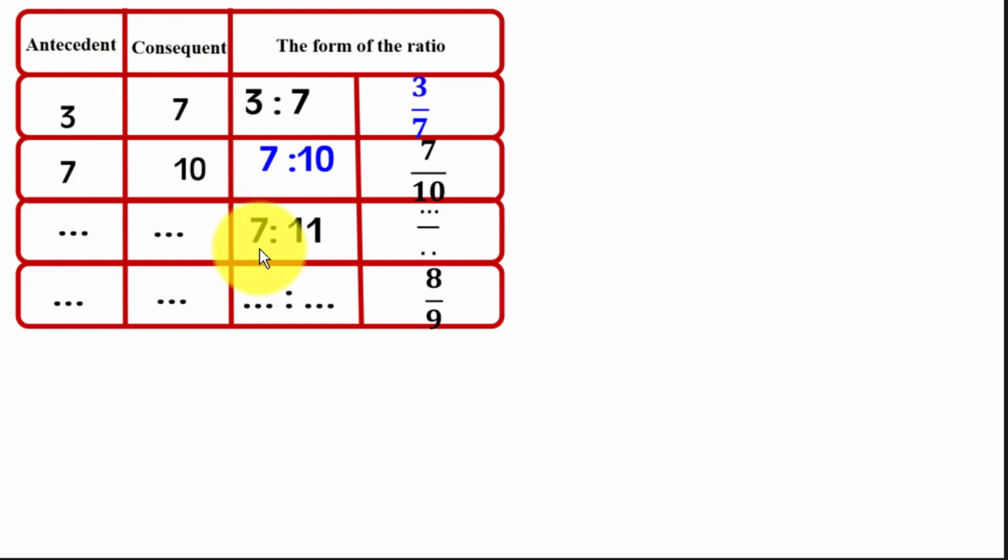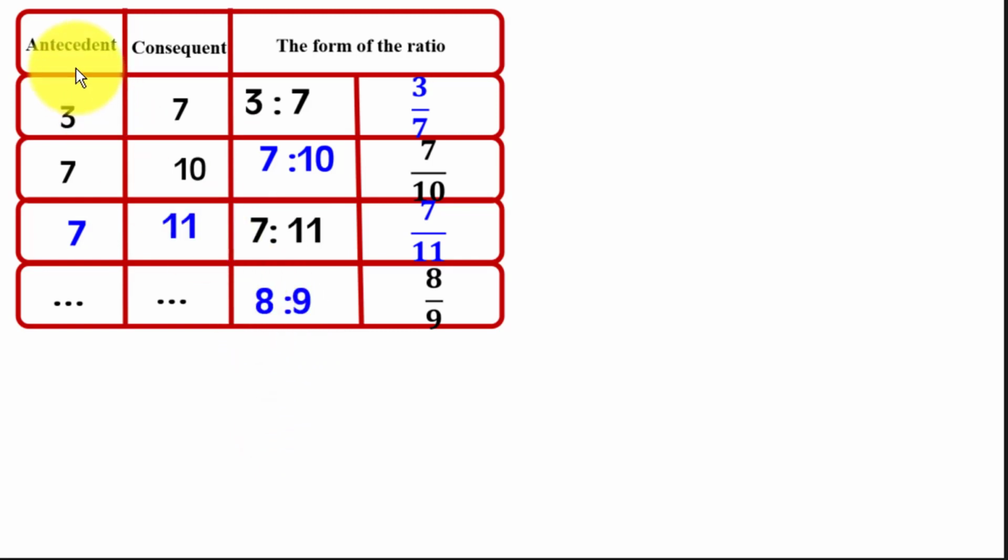The first number is the antecedent, it will be 7, and consequent 11. We can write the other form as 7 over 11. We have here the form of the ratio as a fraction 8 over 9. So we can write the other form as 8 to 9.